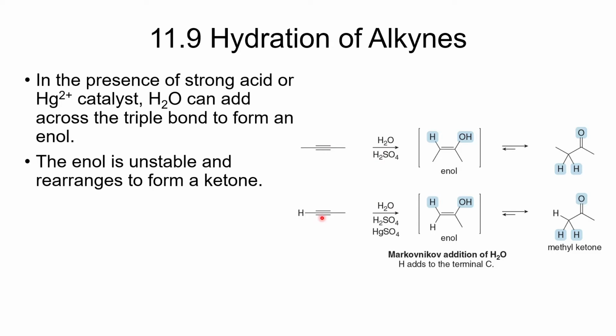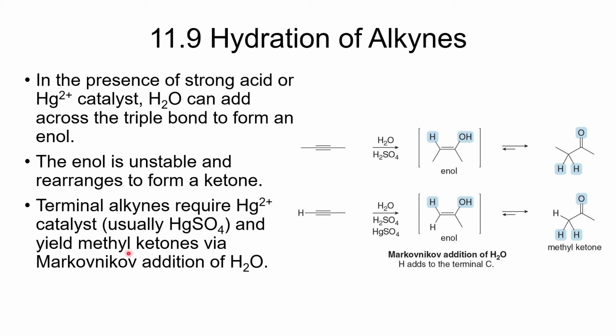If you are doing a terminal alkyne, you will get Markovnikov addition, and you usually require a catalyst, which is mercury 2 sulfate, added in with the sulfuric acid and water. That will help to promote the reaction, and we will get, again, Markovnikov addition, and then we will end up getting a methyl ketone.